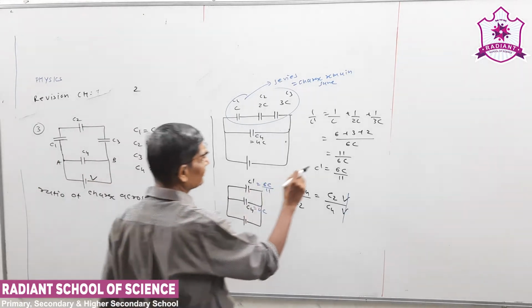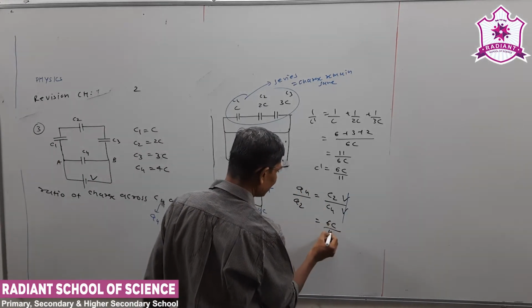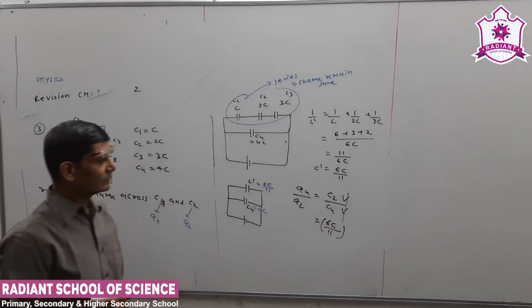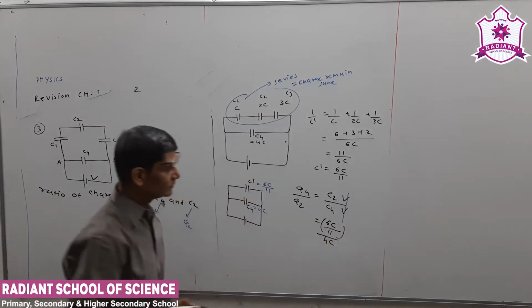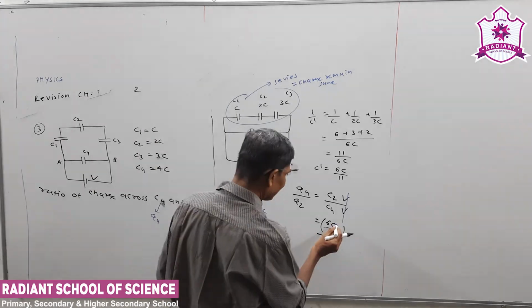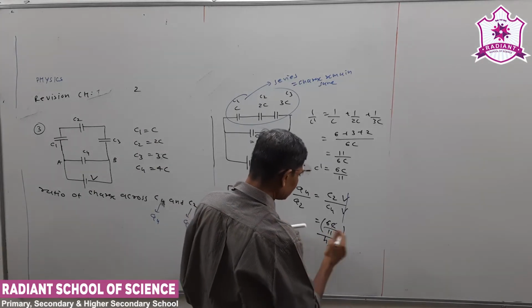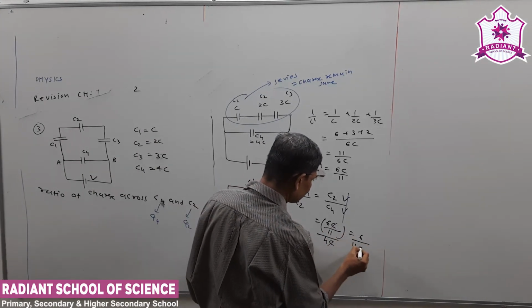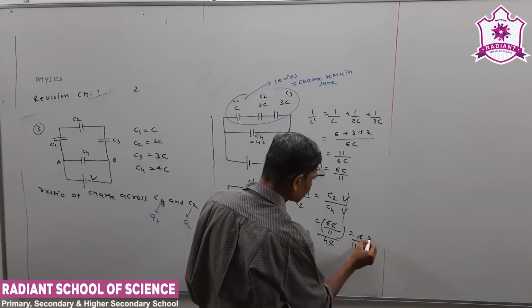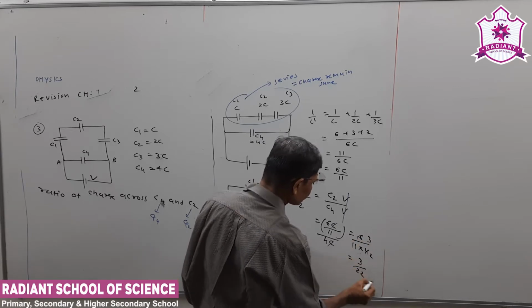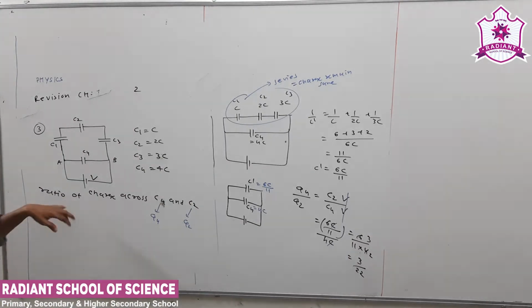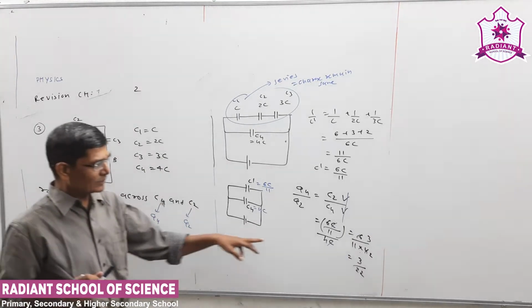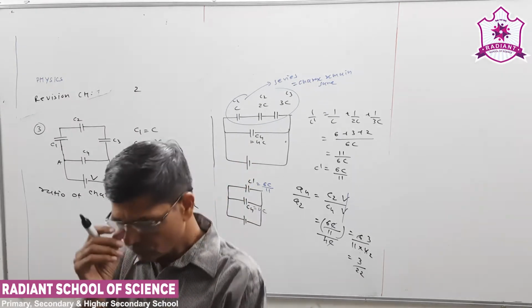So C dash we can write as 6C by 11, the voltage is the same, and this is 4C. Now we can simplify: 4 into 11 upon 6. So this is how we calculate the ratio of the charge across C4 and C2. That turns out to be 22 upon 3.